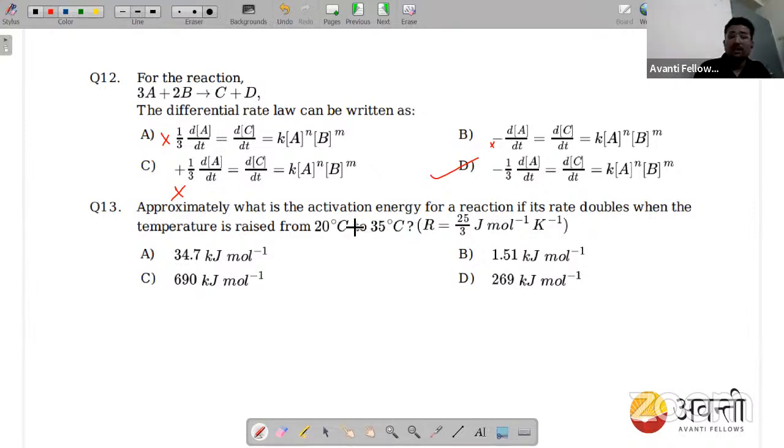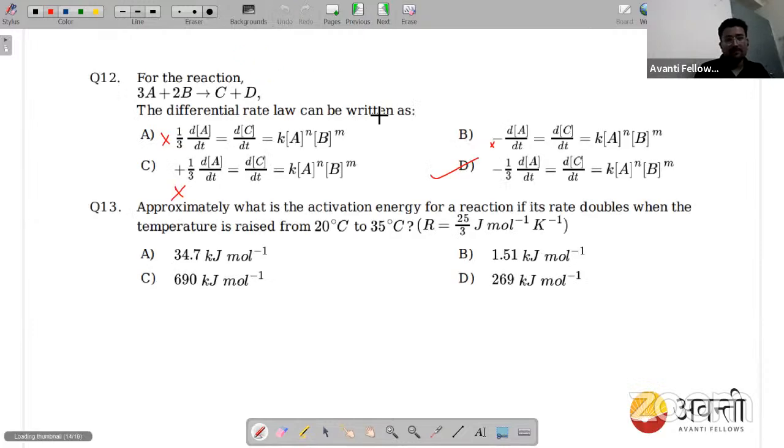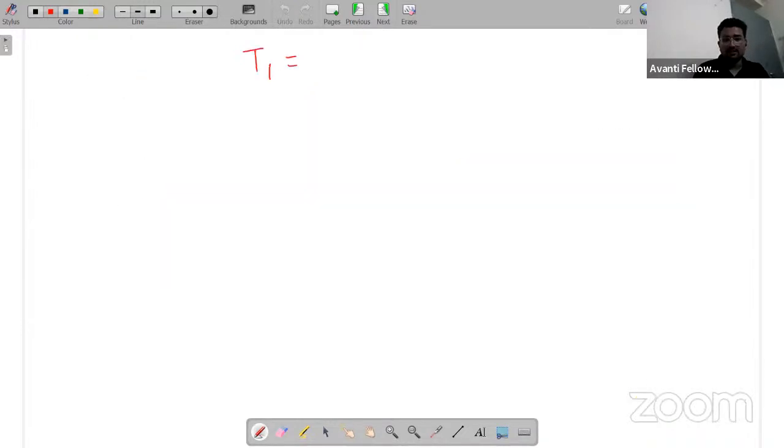We have to calculate the activation energy. Okay, so let's start. Suppose T1 is given, that is 20 degrees Celsius, that means 293 Kelvin.